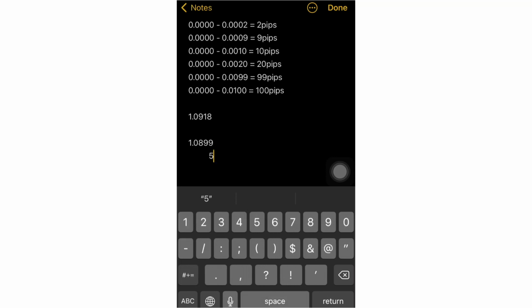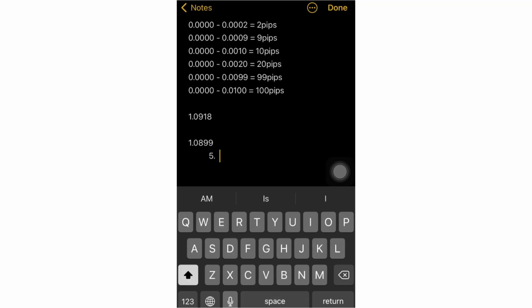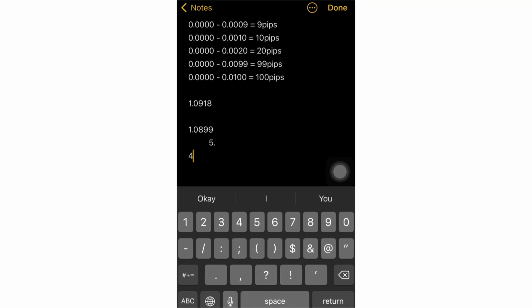All I have to do is some little normal addition. 9 plus 5 is going to give me 14. So I write 4, right? Then I carry 1 to 9, which is going to be 0. I write 0, carry 1 to 8, which is going to be 9. It's just simple mathematics. Then I put my 1.0. So this is going to give me 5 pips of movement.